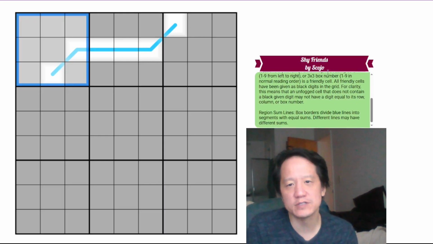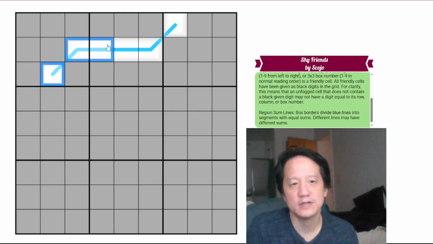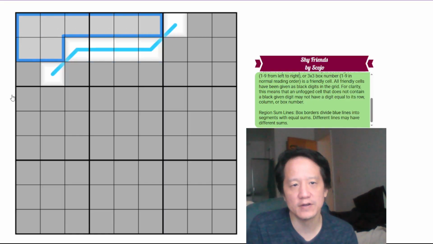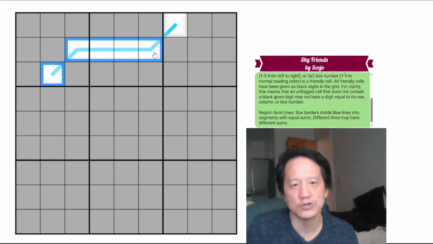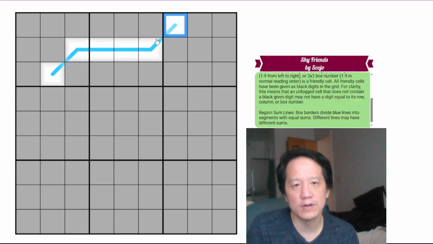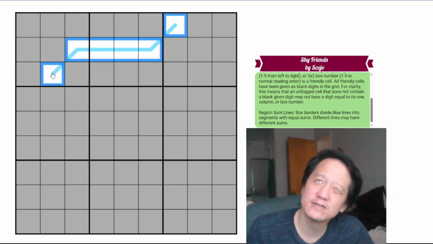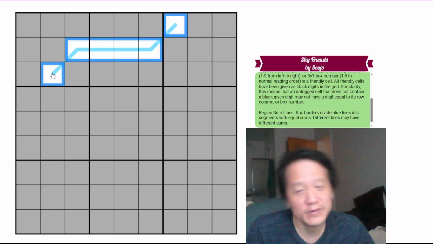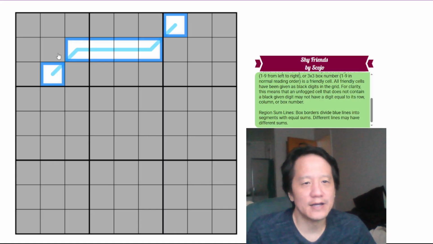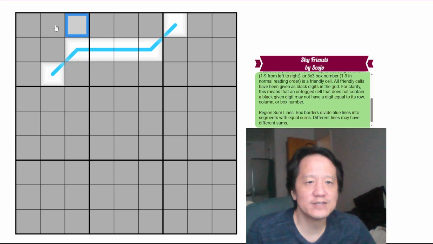And that's why this puzzle is called Shy Friends, because the friends can only be given, and they are not shown in the fog of war, I guess. All the friendly cells are given.